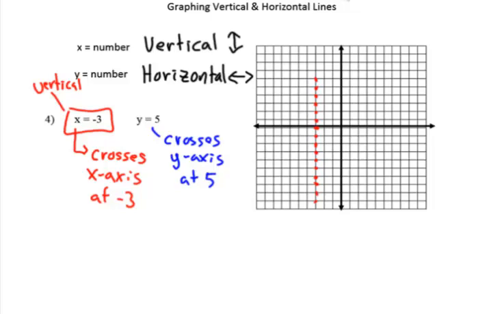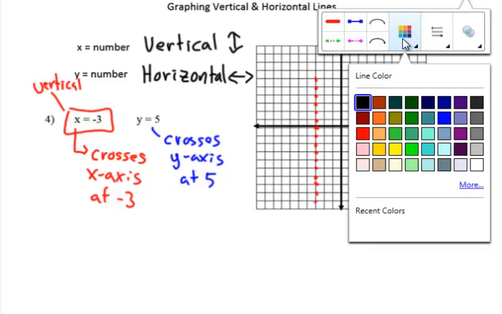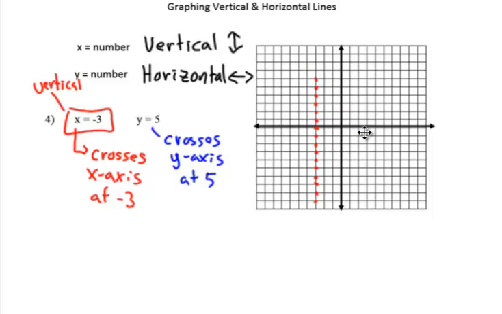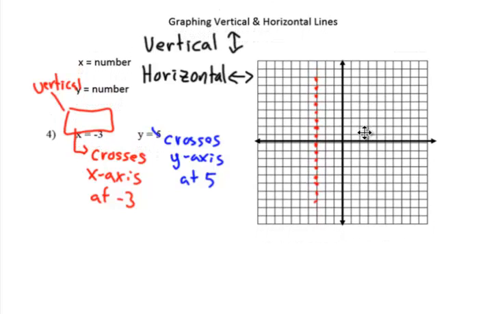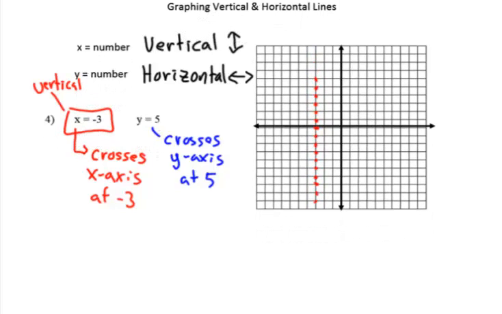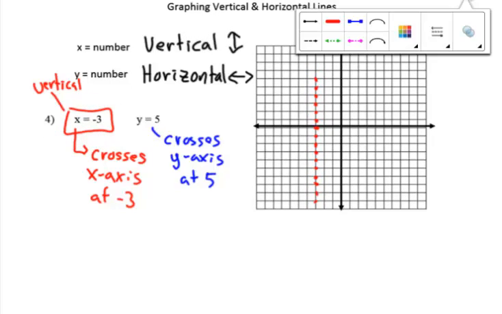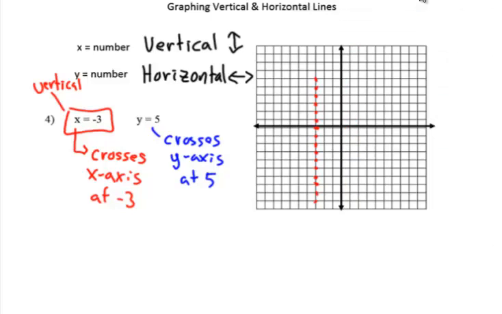So we have our vertical line. Let me get red as a color for my line. Just want to get my line color of red. Okay, so again, using a straight edge, there we go. And we have our equation of x equals -3.